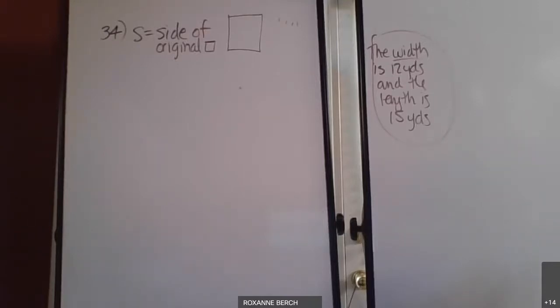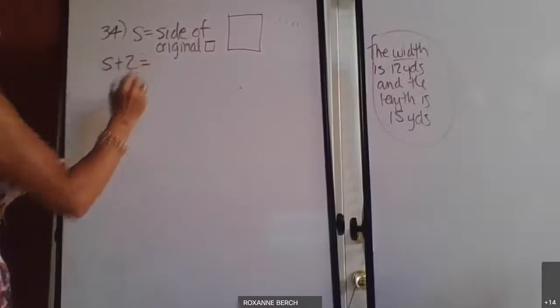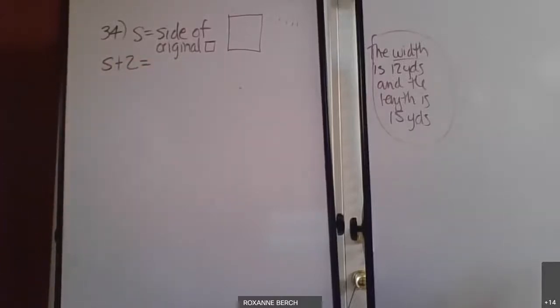Saying what? That each side is lengthened by 2. So that would be what, the side of the new square?